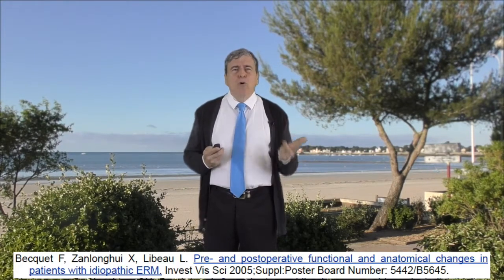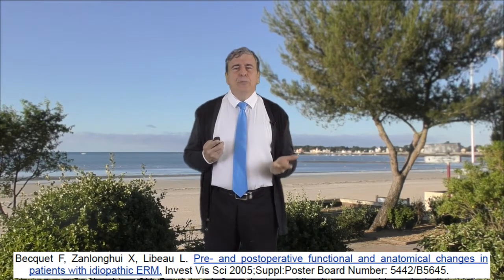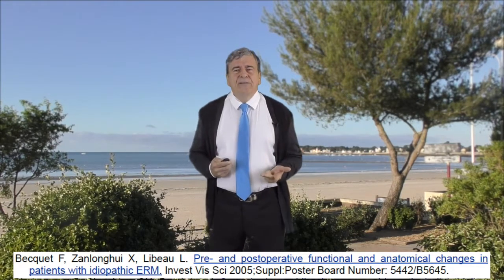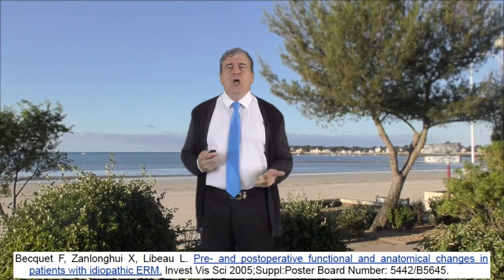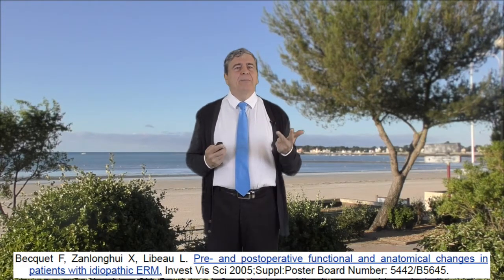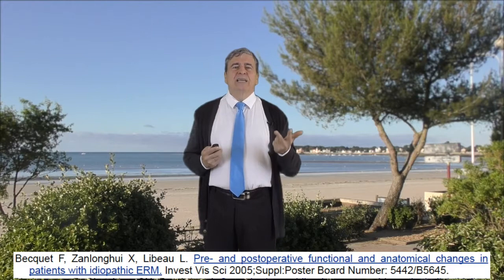Frank Becquet proved that in most idiopathic membranes, the multifocal ERG shows a P1 implicit time delay normally found in ischemic retinal disease. Finally, Zofia Michalewska showed that in swept source OCT, idiopathic membranes are accompanied by an increase in choroidal thickness, a sign of retinal ischemia.